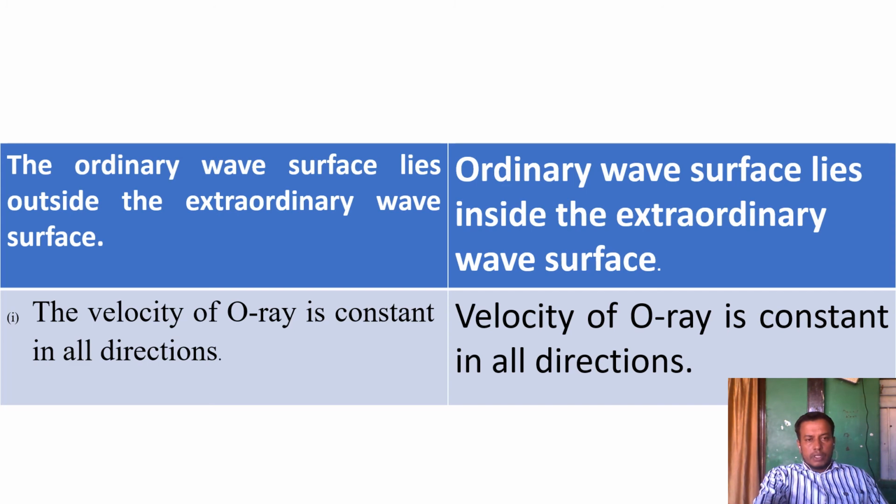Further, in positive crystals the ordinary wave surface lies outside the extraordinary wave surface, whereas in negative crystals the ordinary wave surface lies inside the extraordinary wave surface. The velocity of the ordinary ray is constant in all directions, because it follows a sphere.